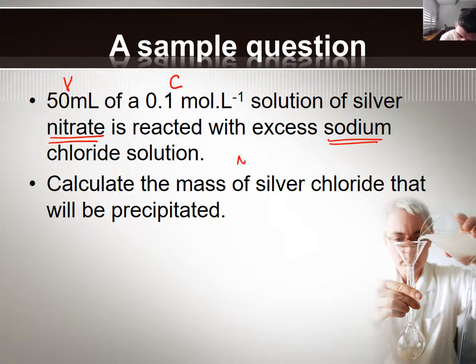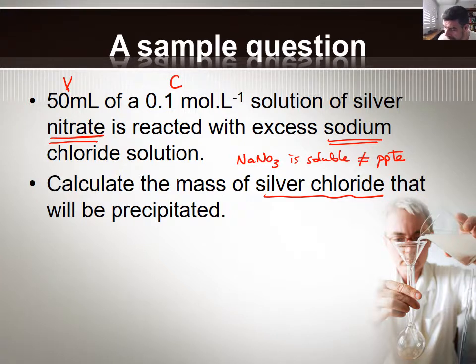So sodium nitrate is soluble and therefore is not going to be a precipitate. So the precipitate that we're going to have is the other one, which is silver chloride. And the question we're likely to be asked is, can we calculate what the mass of silver chloride will be in this situation?